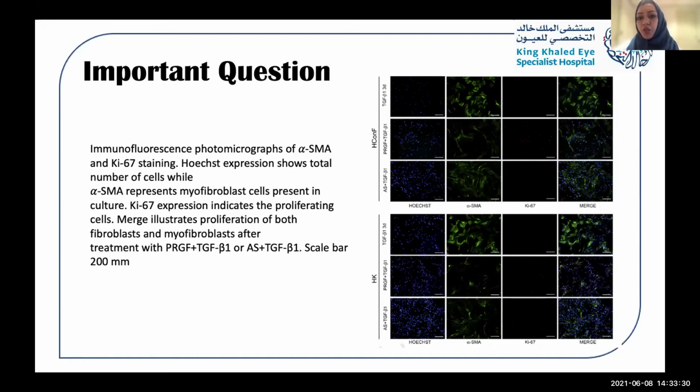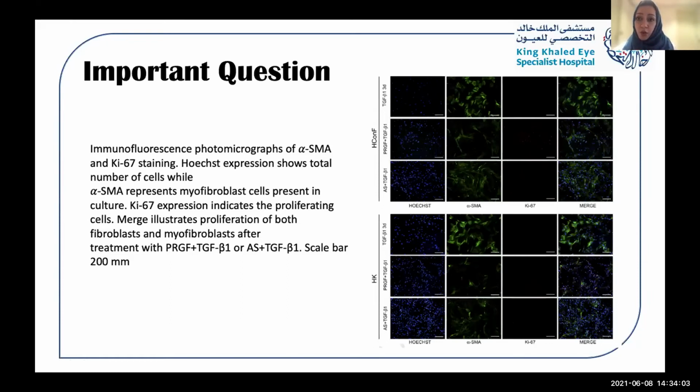This is why they used it in conjunction with each of the therapeutic options. So here the upper group is the conjunctiva, and the lower group is the corneal tissue. In the transforming growth factor beta group with the plasma-rich growth factor, we found the least amount of myofibroblast activation and growth, which translates into less scarring.